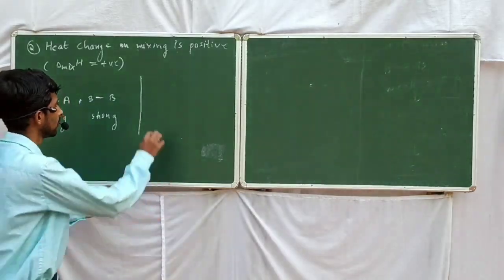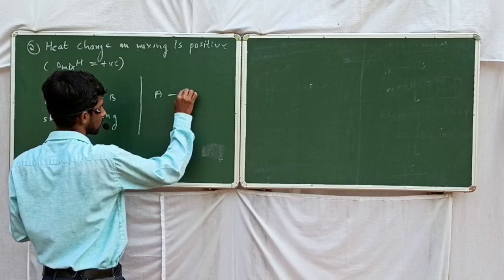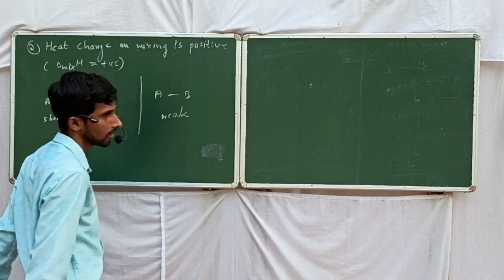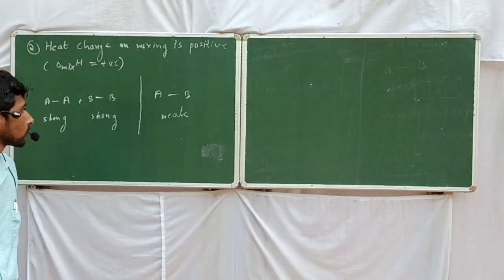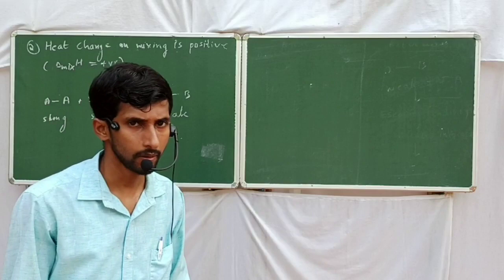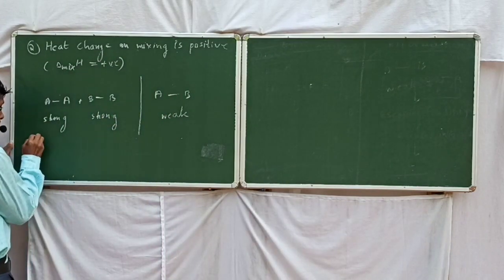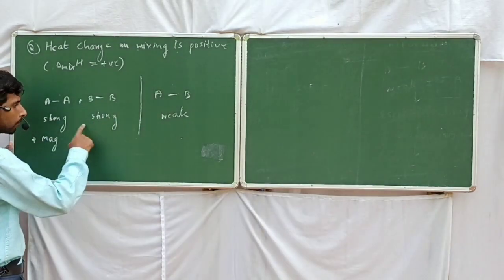Once you mix, that will form AB, that is a solution. Then intermolecular forces of attraction between this one is weak. So that is the first characteristic of non-ideal solution showing positive deviation, right?